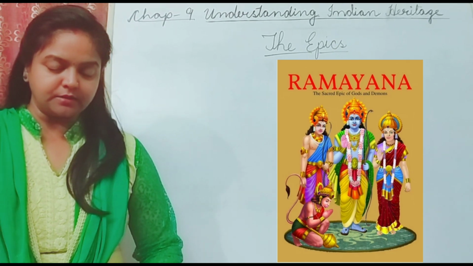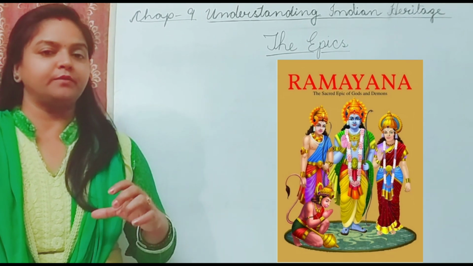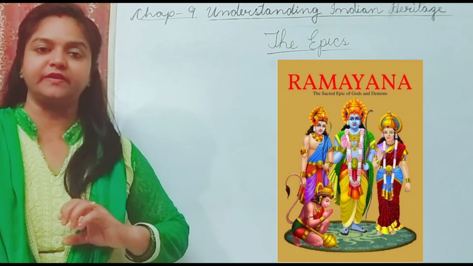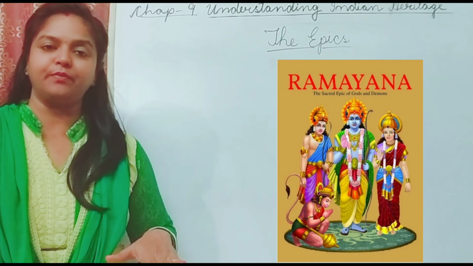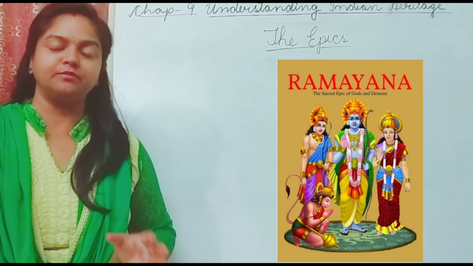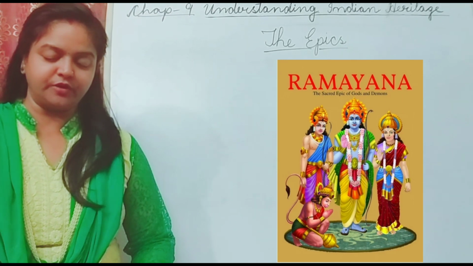Verses are, we can say, as you have paragraphs in prose, in the same way there are verses in poems. These are actually poems with rhythm. So in this epic there are 24,000 verses that have rhythm in them, and it describes the duties of relationships.